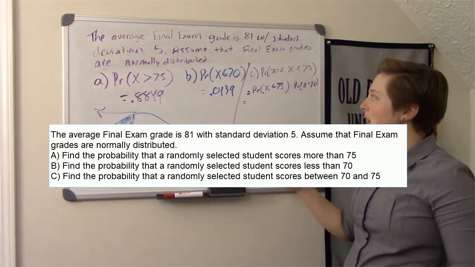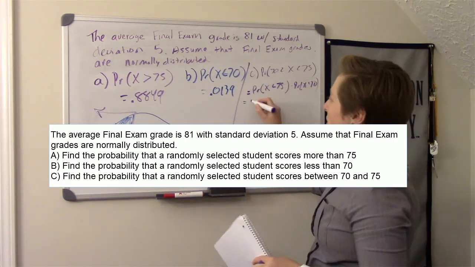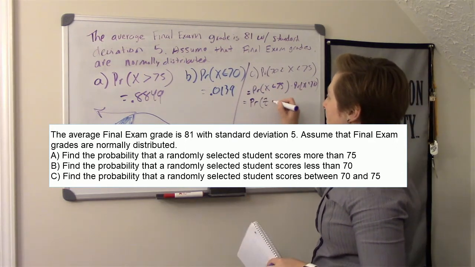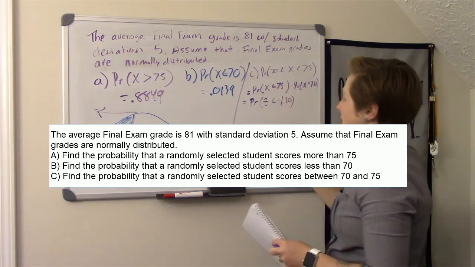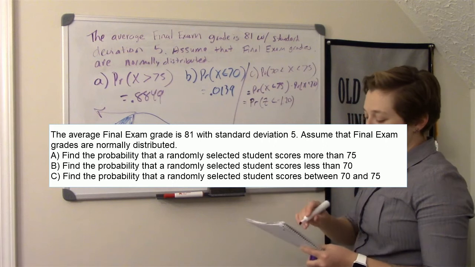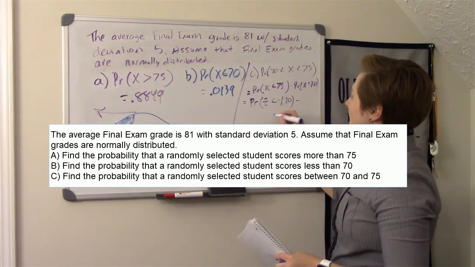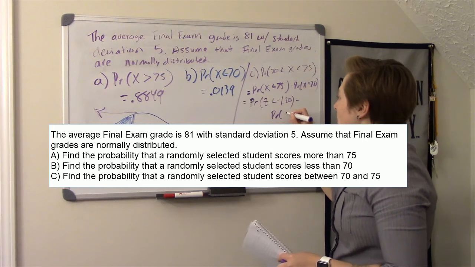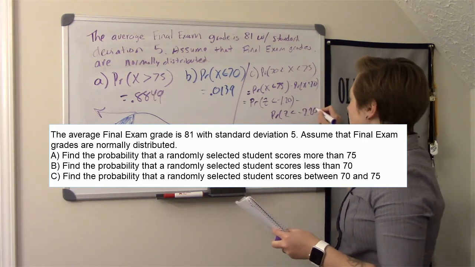So actually, let's go ahead and just redo our z values. The z value when you plug in 75 is, obviously, negative 1.20, just like it was for A. And for 70, it will be negative 2.20.